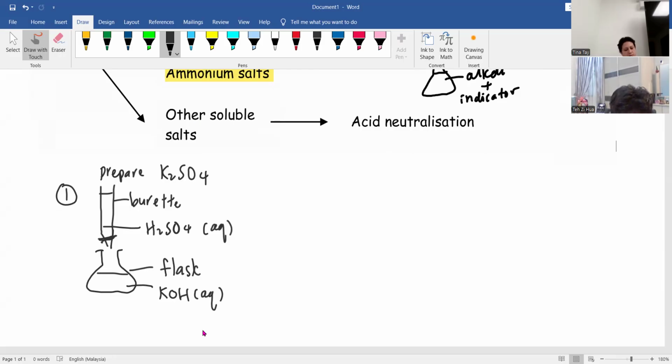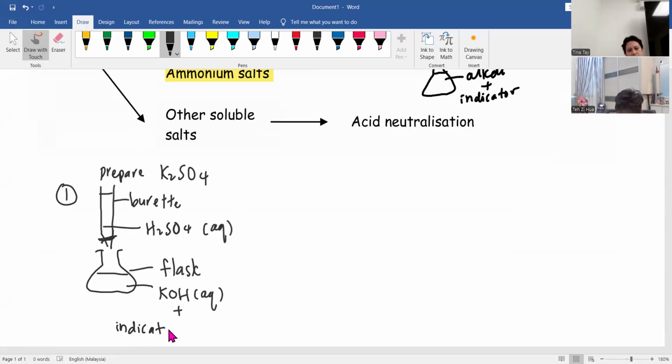Look at your notes. It's colorless. Colorless, yes. Okay. So because it's colorless and colorless, in order for me to know when it's neutral, I have to add an indicator.